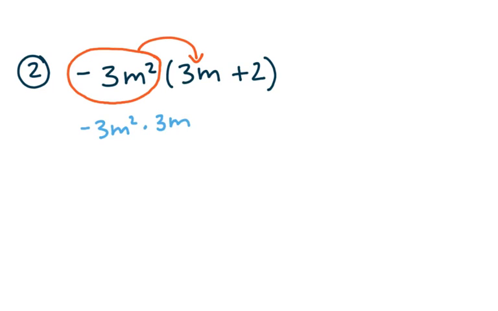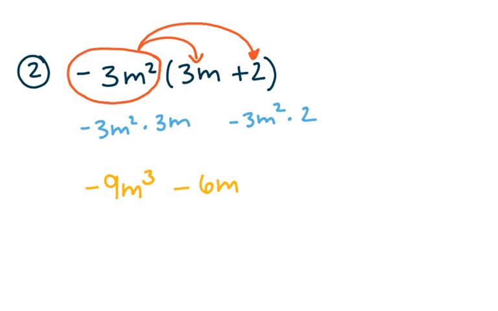When I multiply, the product of those is a negative 9m cubed. Next, I take my negative 3m squared and distribute it to my positive 2. That math would be negative 3m squared times 2.